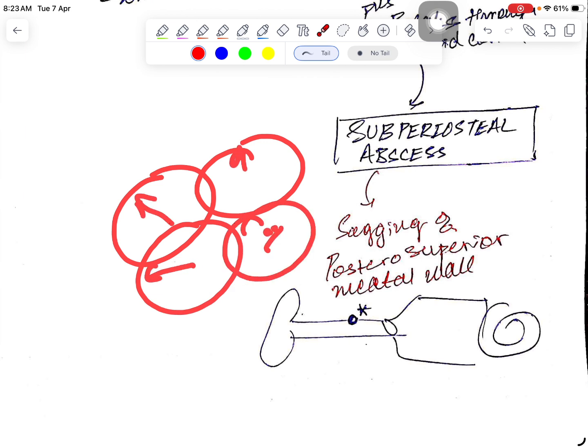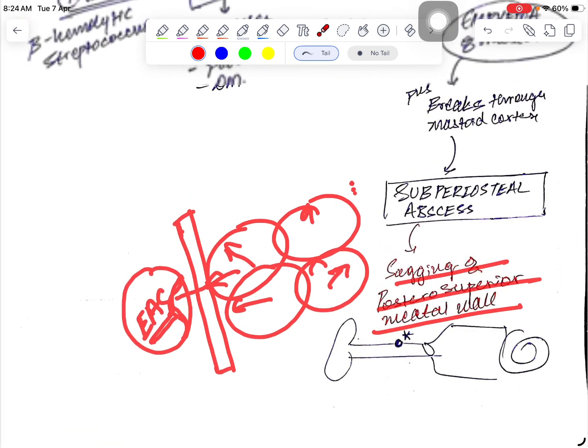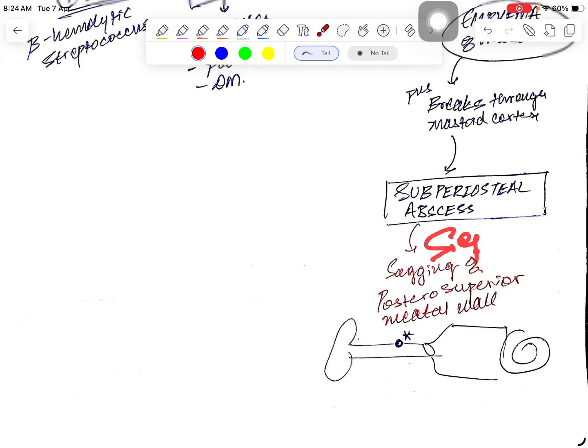The wall of the antrum is shared with the external auditory canal. Because of this pus pushing, there is a bulge in the external auditory canal. So this is called sagging of the posterior superior meatal wall. This is also a kind of sign.